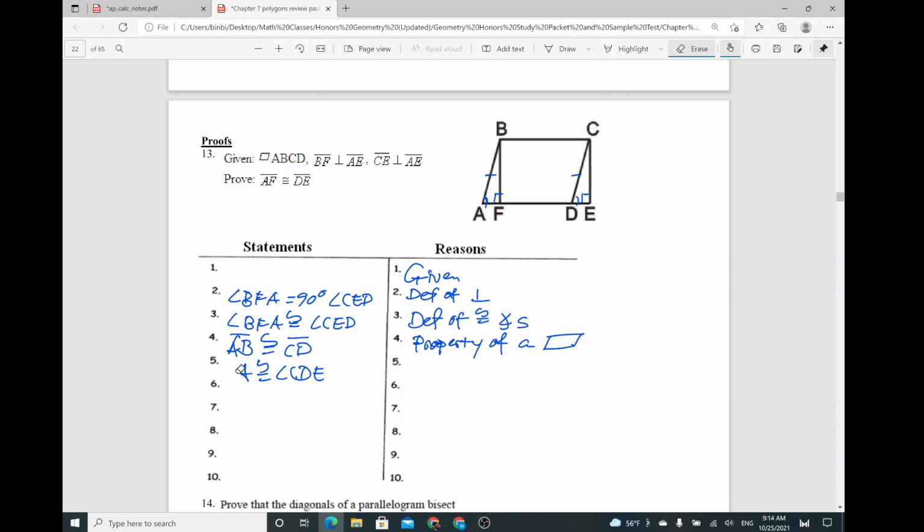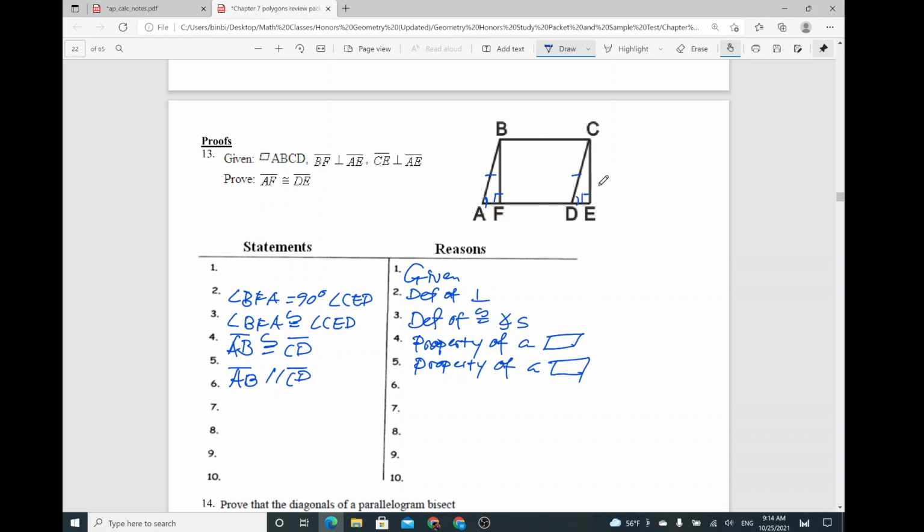So before we state that angle A is congruent to angle CDE, let's say that segment AB, statement number 5, is parallel to segment CD. Again, properties of the parallelogram.